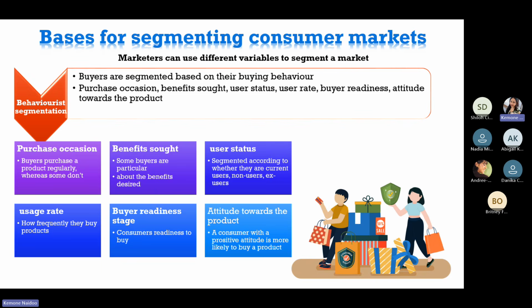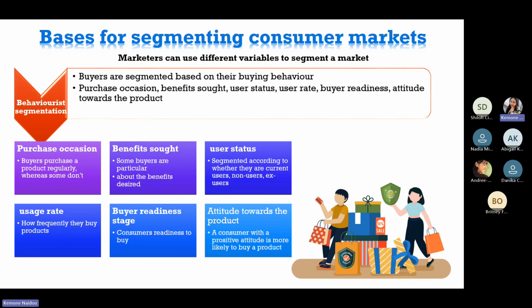So looking at what the attitudes of our buyers are. Some buyers are very particular, some buyers are very specific about what they need. Some buyers require certain things about a product.